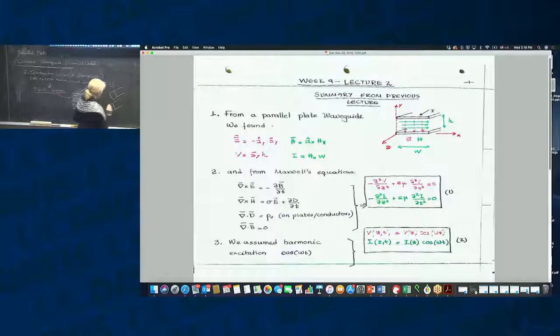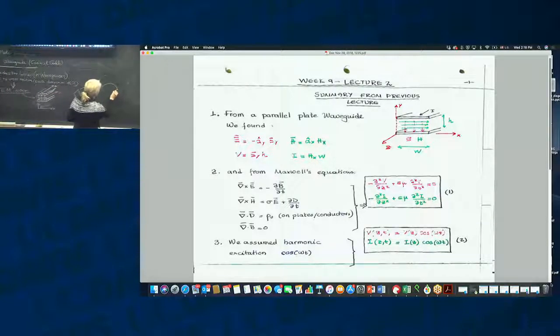Does not matter. They may be like this. Let me think of another weird one. Not that we make those, but I'm telling you, theoretically, could be like this. All right? They will be TEM waveguides if these two conditions apply.